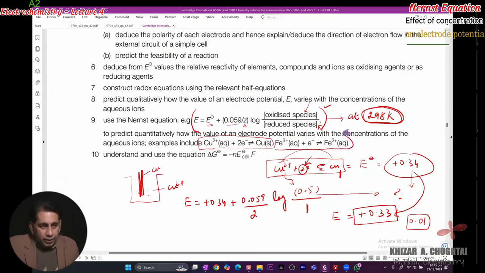For example, I'm taking a beaker in which I am going to use the concentrations of iron 3 positive ion and iron 2 positive ion. Both concentrations I am taking as 0.1, let's suppose. Let's see what the potential is in this case, and I'm going to use the direct formula. What is the E naught?